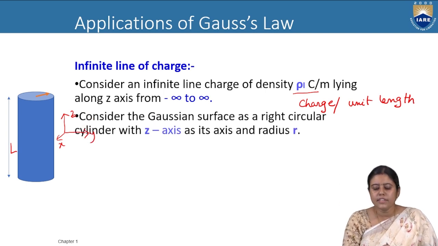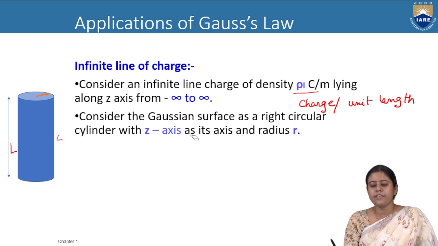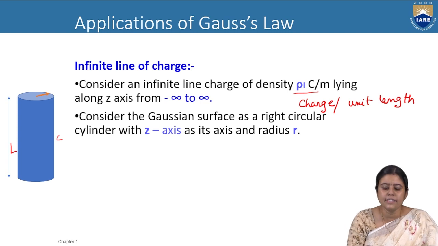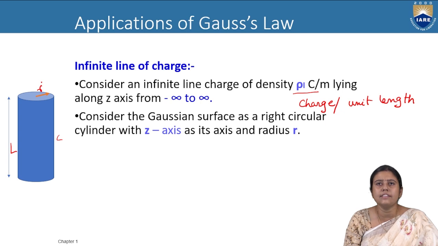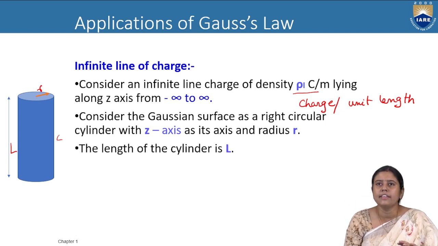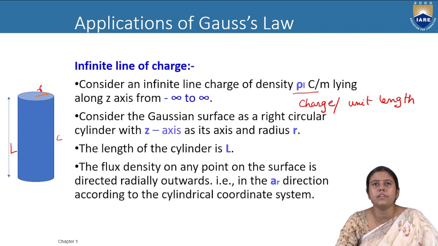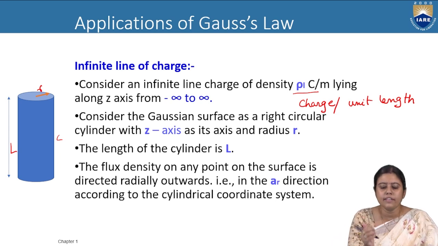Next, consider the Gaussian surface as a right circular cylinder with the Z axis, and its radius is R. We are assuming the radius is R and the length is L. As I discussed many times, the flux density at any point on the surface always works radially.